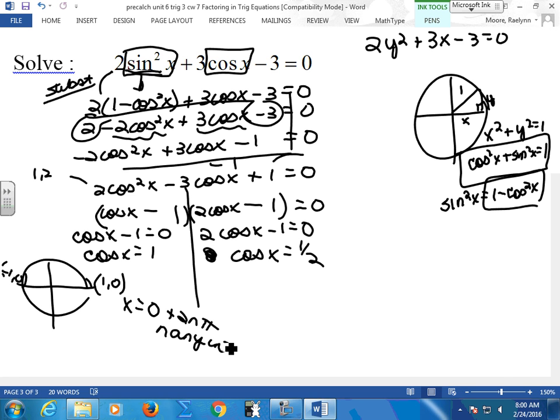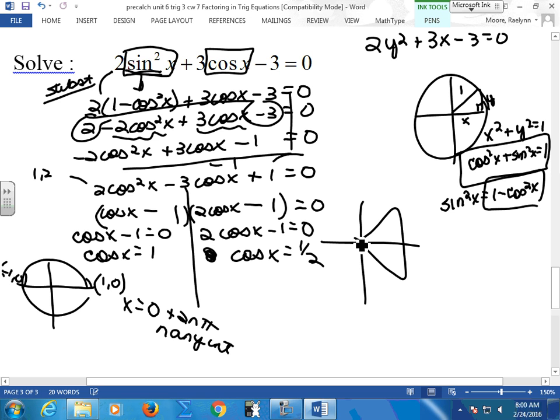A little bit more work on this guy. Cosine is my x value. What quadrant is cosine positive? 1 and 4. All I have to do is label one triangle and I can figure out where my angles are. So this is my 2, this is my 1, this is my radical 3. What's my reference angle? 60. So this is 3 pi over 3, and this is 6 pi over 3.